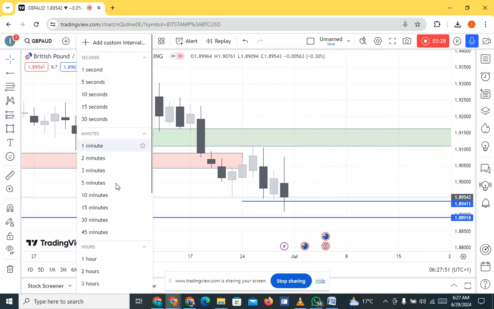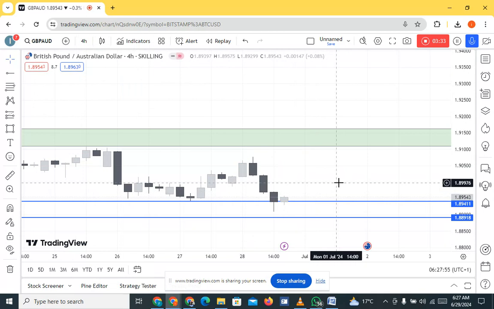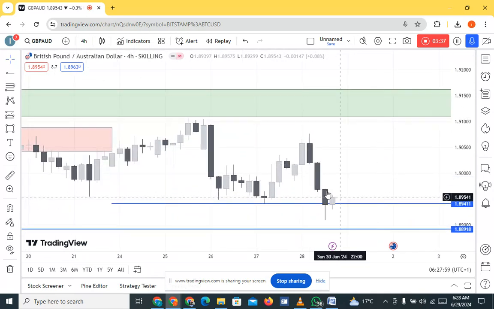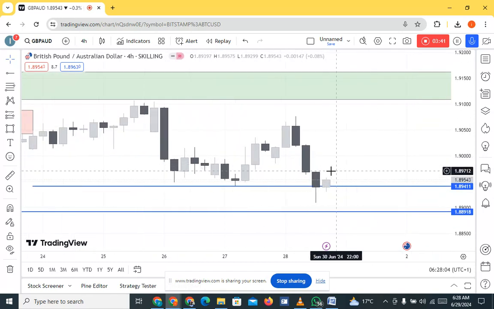So on a 4 hour, let's see. Okay, on the 4 hour, we do have this bearish fair value gap right here. But if you look at it carefully, you see that it is actually a breakaway gap.